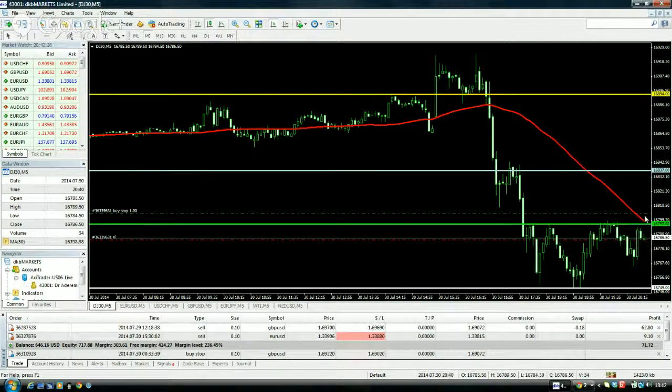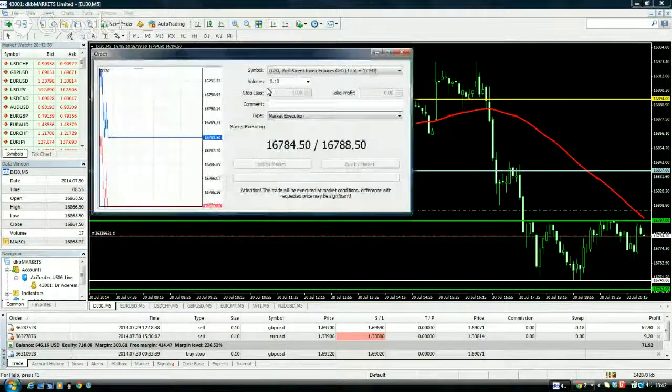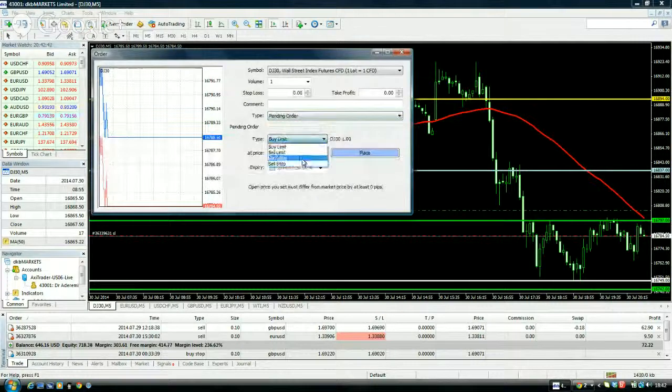As you can see, my buy order is also just above the moving average 50. And then I'm also going to place a pending sell order just below the market support there. So 6748.